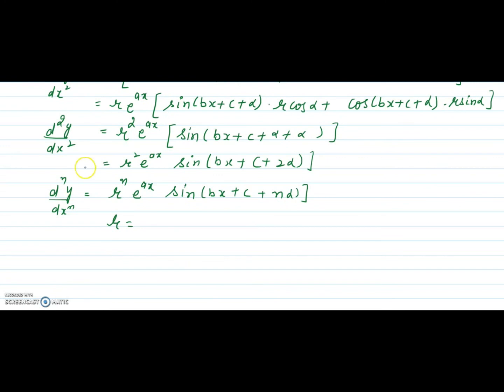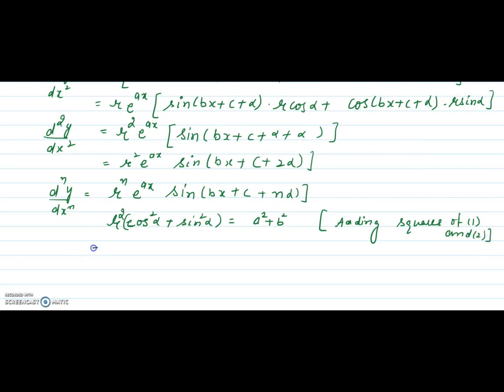I will get r square into cos square alpha plus sin square alpha equal to a square plus b square. So what is r square? It is a square plus b square. That means what is r? That is the square root of a square plus b square.